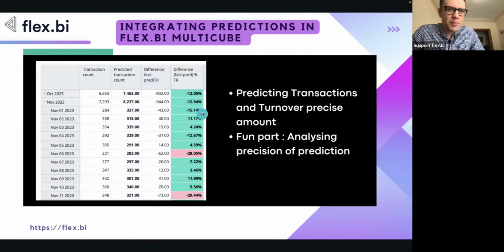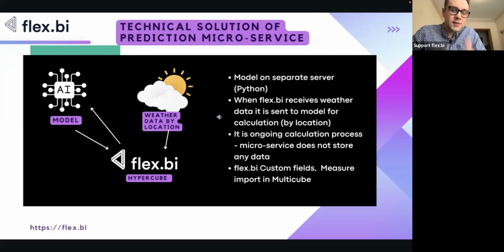It was about 85% accuracy, so the customer could see how many transactions they have, what the predicted transaction count was, and the difference between the actual and predicted. And this is just one example where we can use machine learning or additional systems. We can use microservices like this trained AI model, where we can communicate with other systems to get more and more useful data for the customer.